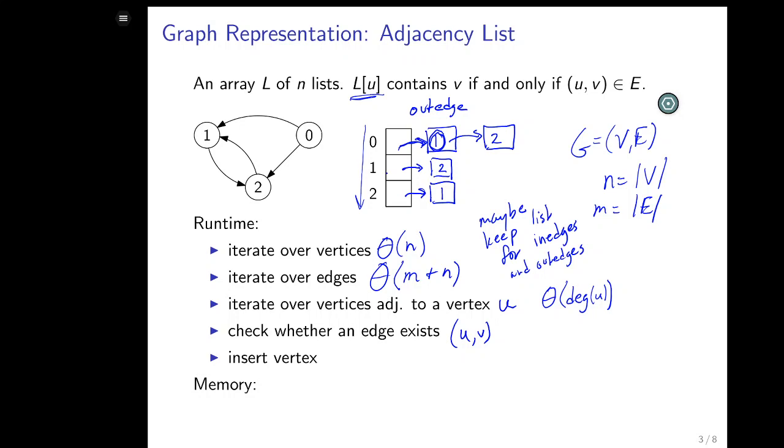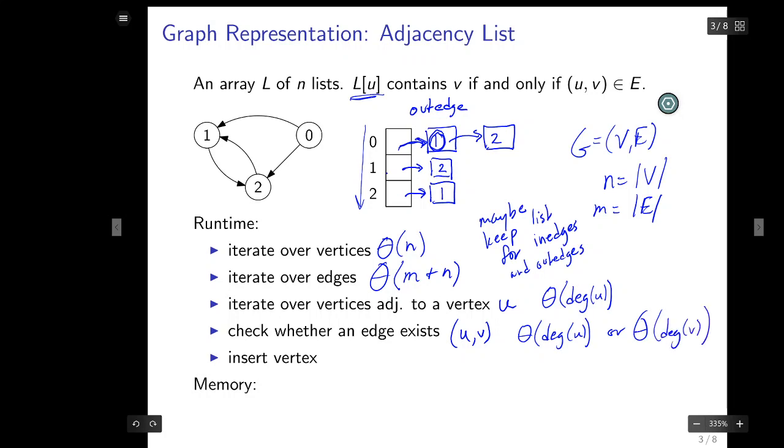Yeah, it's something like either the degree of U or the degree of V, depending on whether you're talking about an undirected graph or a directed graph, or depending on whether you're talking about in edges or out edges, however you want to do it. But it's something like the degree of U, or it could be the degree of V.